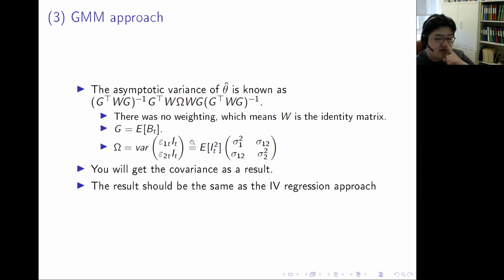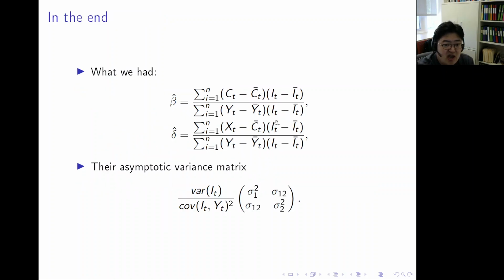But what's nice about this is that it's general. You are just following the formula. You just follow the formula, check the assumptions for the formula, then you will get the covariance. In the end, no matter what you use, you are going to get this as the asymptotic variance matrix of beta hat and delta hat.